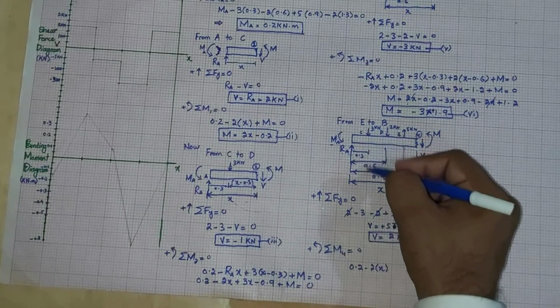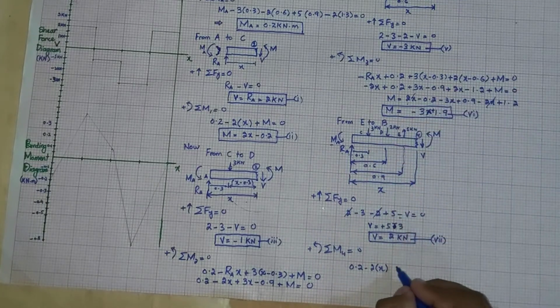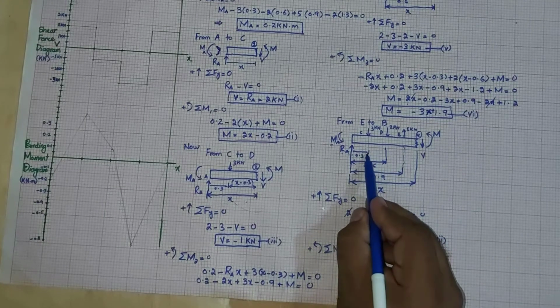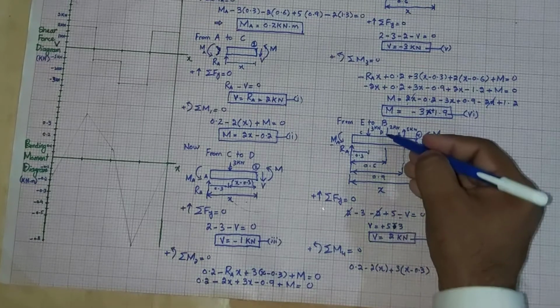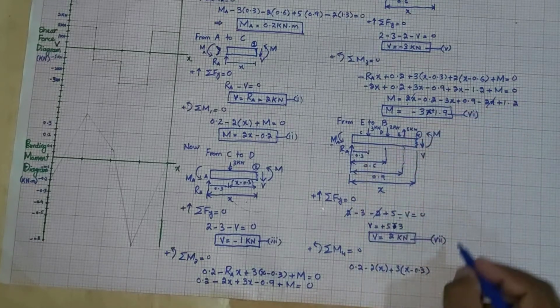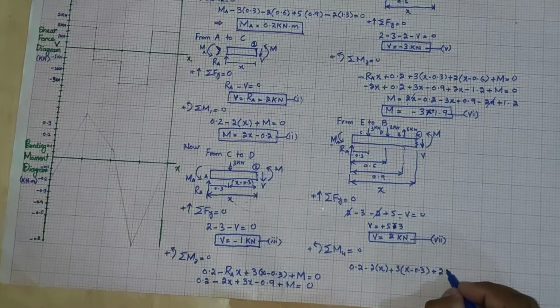Now this 3 force is producing counterclockwise, so plus 3 into perpendicular distance X minus 0.3. Again, this force is also producing counterclockwise, so plus 2 into X minus 0.6.